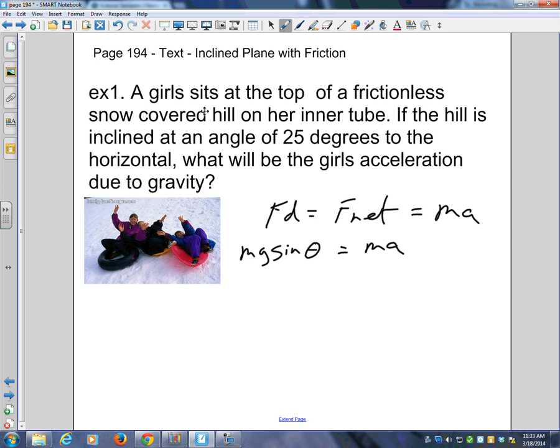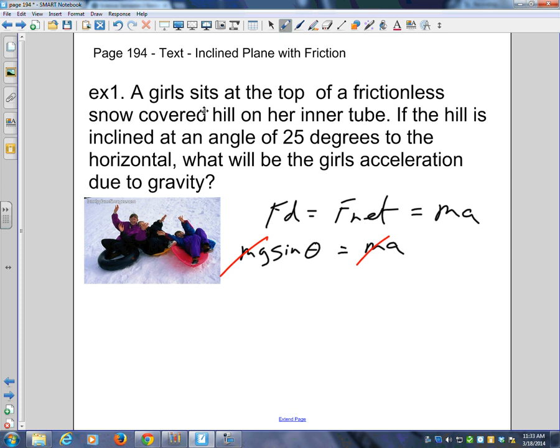And what happens to the girl's mass? It disappears. The girl's mass has technically no effect. Effect is the noun, affect is the verb, I think. No effect on the girl's acceleration.